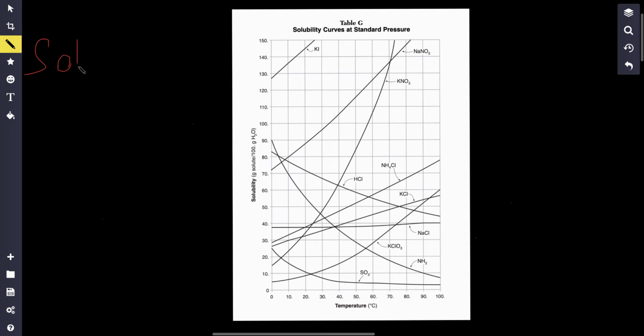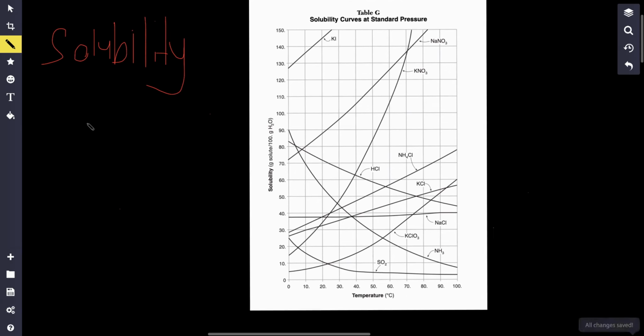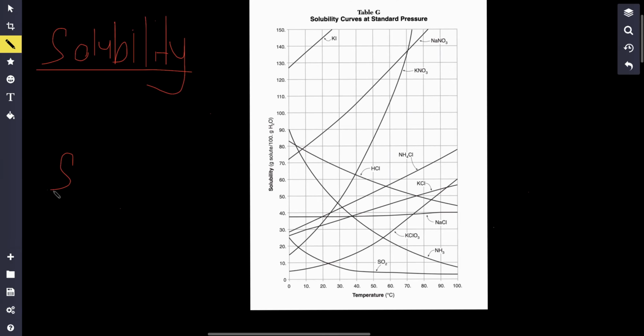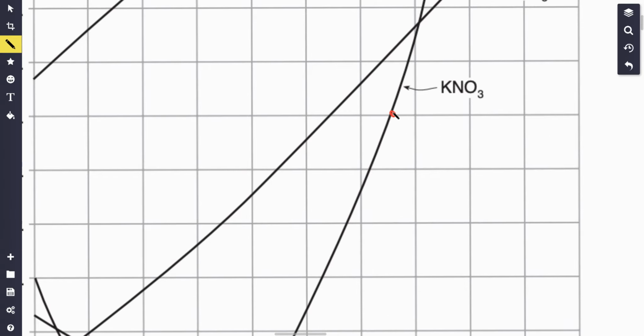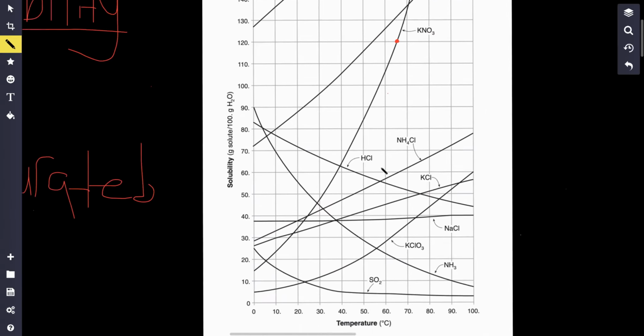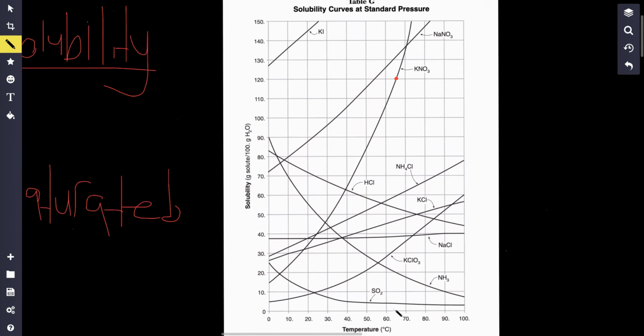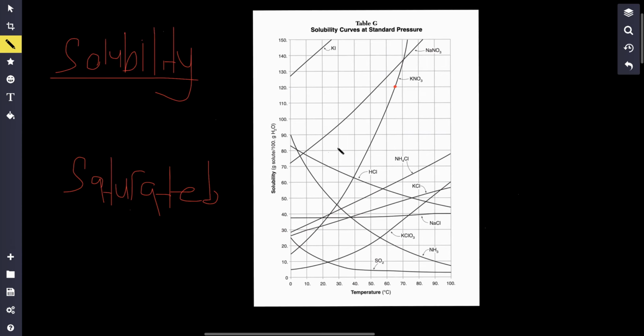Now let's get a little bit more familiar with the terms of solubility. So here we can have something known as a saturated solution. Anything on the lines is considered a saturated solution. For example, let's look at KNO3 once again. If I pick this point on a line, this is saying that, well, if I dissolve at a temperature of around 65 degrees Celsius, I'm able to dissolve around 120 grams of my salt.